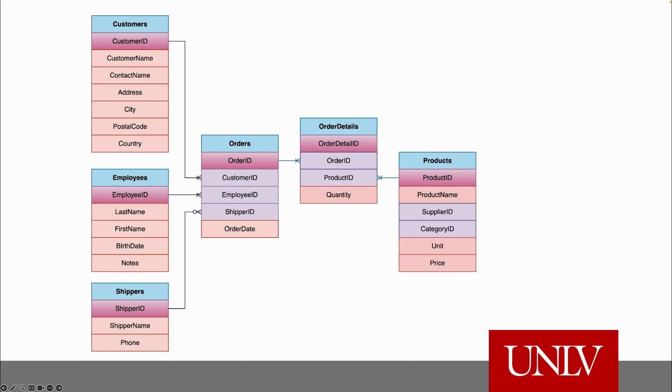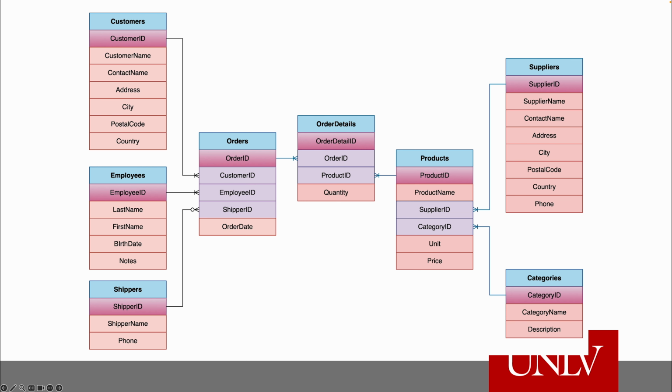Other fields include product name, unit, and price. The foreign keys include category ID for the categories table and supplier ID connected with the suppliers table. One product can appear in many order details, and each product belongs to one category and one supplier.